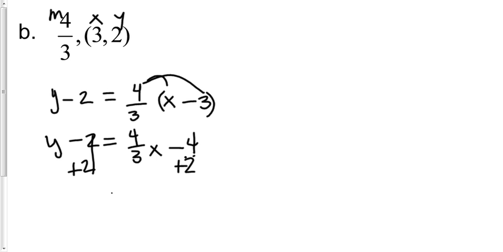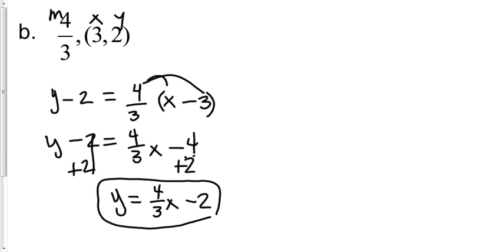Those cancel out, and y equals 4/3 x, and then -4 plus 2 is -2. Okay, so you can use point slope to get started. It's my favorite way to get started, but then your final answer needs to be in slope-intercept form. So distribute and solve for y, and you've got it.